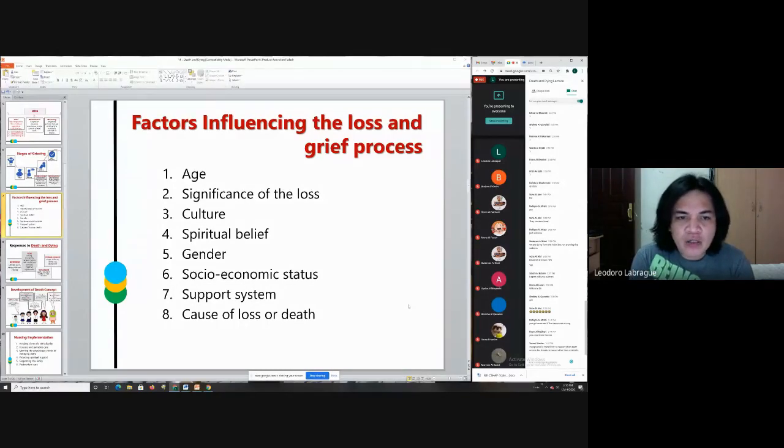Okay, I think we have not discussed socioeconomic status. Of course, if someone is rich, someone has a lot of money, and someone from the family dies, the husband or the wife, he is able to cope. Why? Because he has a lot of money to help in the coping process. Unlike those people who don't have resources, they are poor. They don't have resources to help them cope with loss.